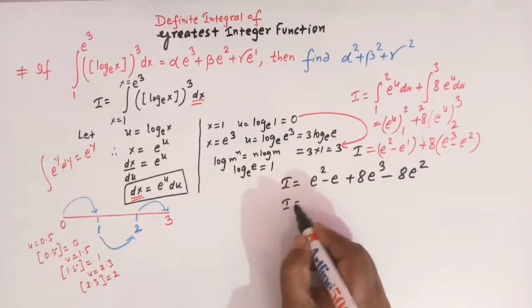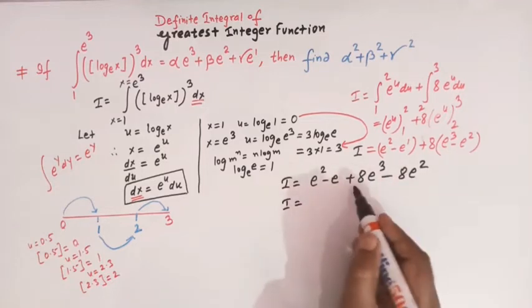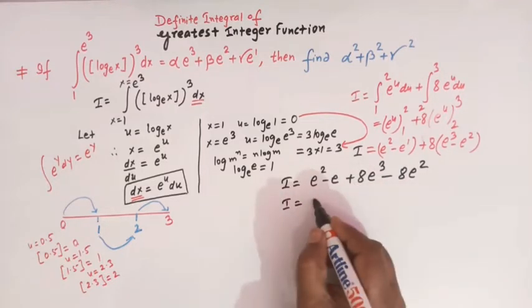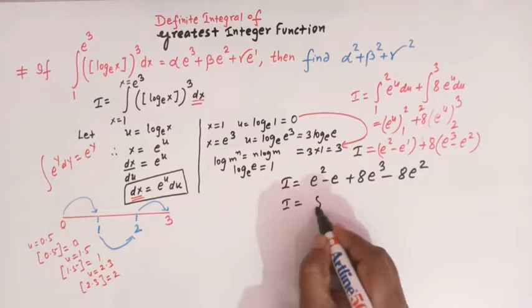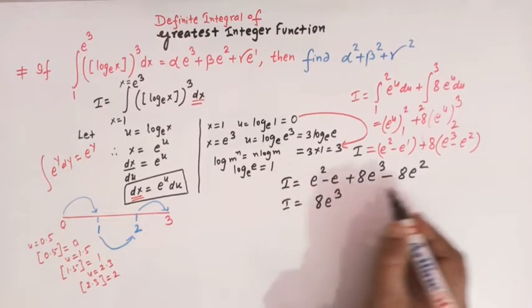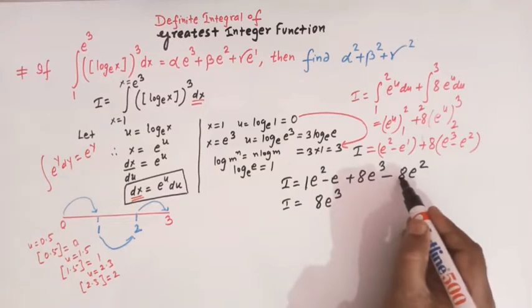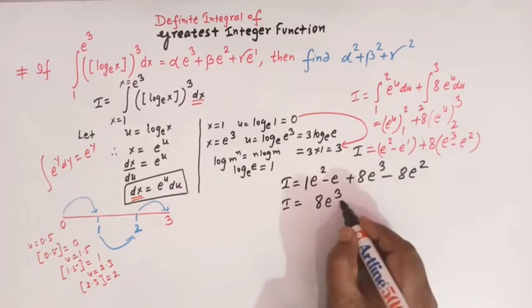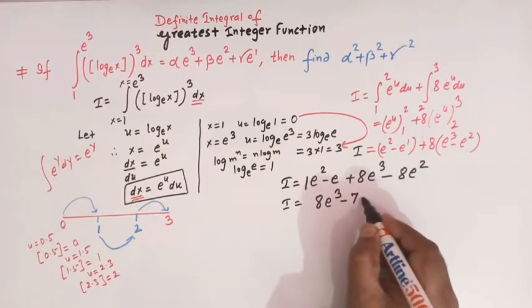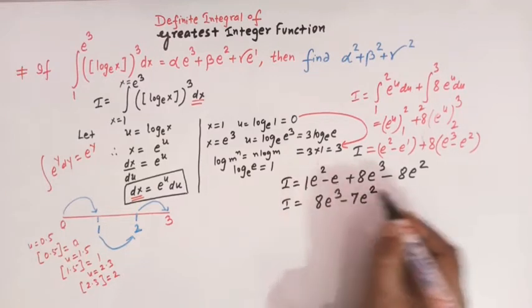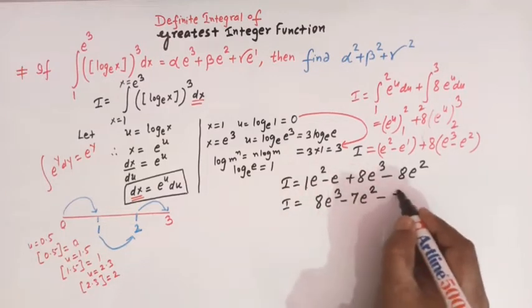Now we can rearrange the terms and simplify. So we have 8 e cube, then we have 1 e square and minus 8 e square, so this is minus 7 e square, and here we have minus e.